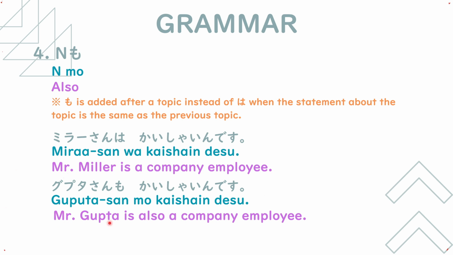This means Mr. Gupta is also a company employee. So this is a topic that is the same as this topic. That's why we are using mo. Mo is only used in cases where it can replace wa, and there is a previous topic that is the same as the topic that you are talking about.